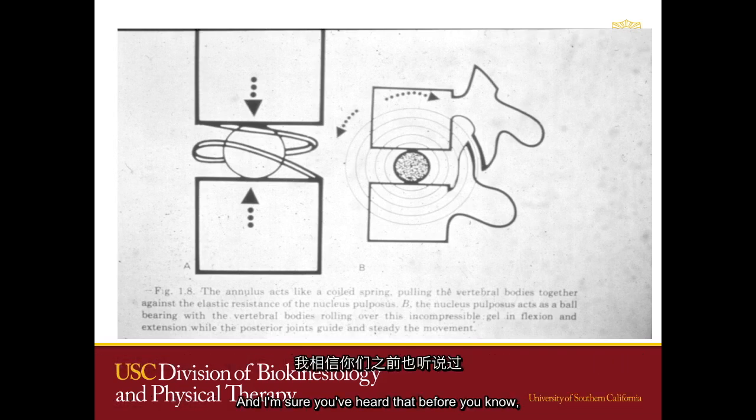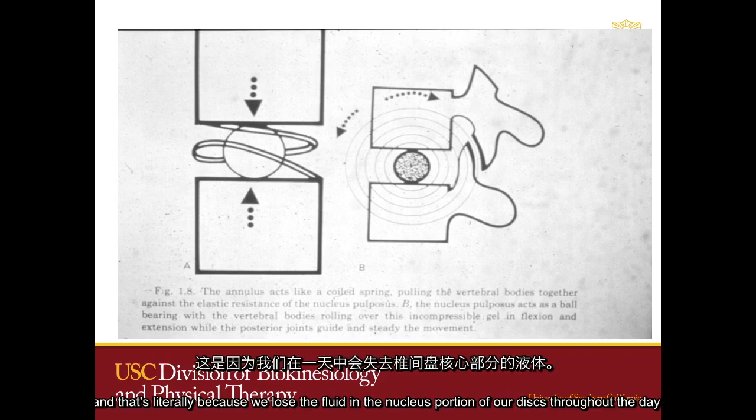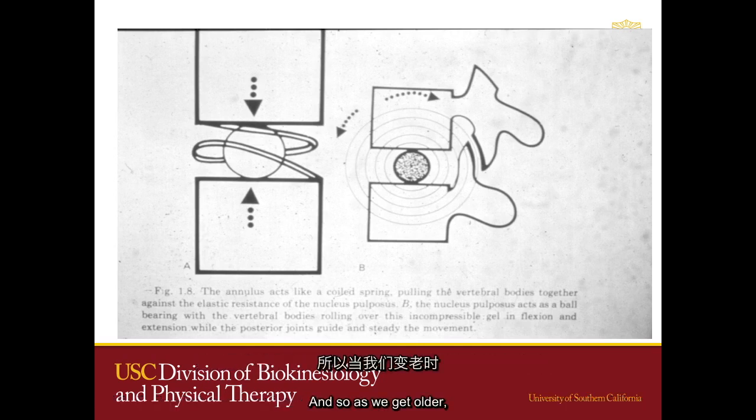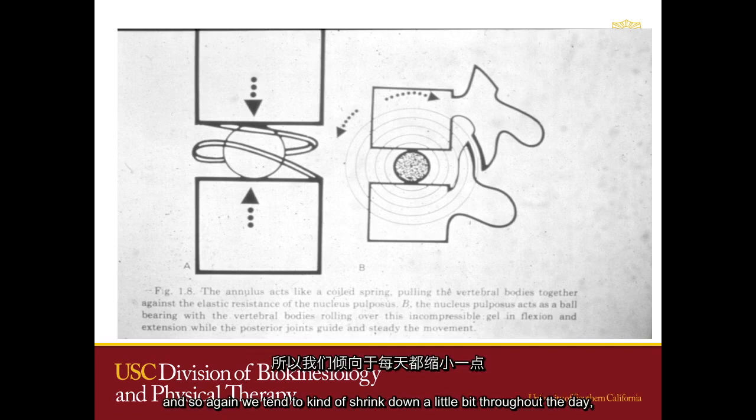I'm sure you've heard that before. Patients will say, I woke up and I was this tall, and when I was going to bed, I was only this tall. That's literally because we lose the fluid in the nucleus portion of our discs throughout the day. As we get older, we have a lot less fluid, so we tend to shrink down a little bit throughout the day.